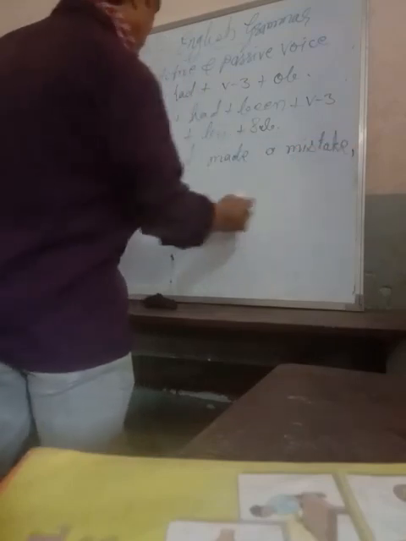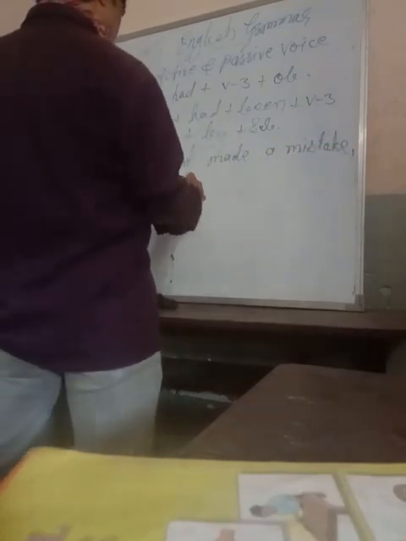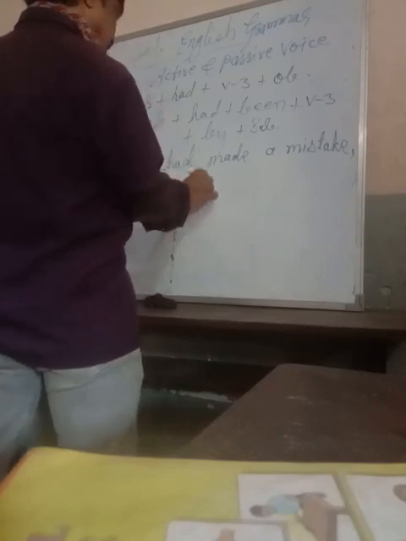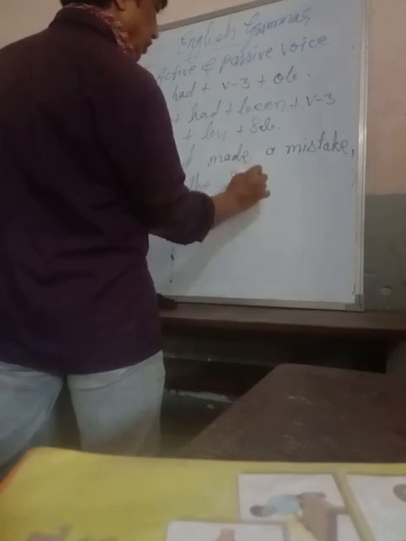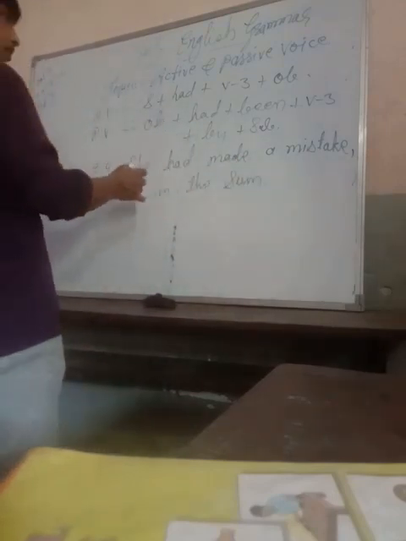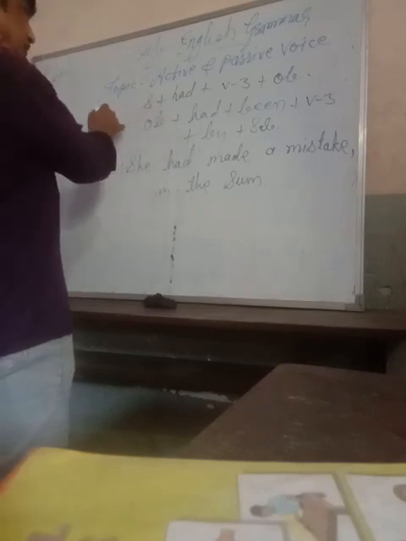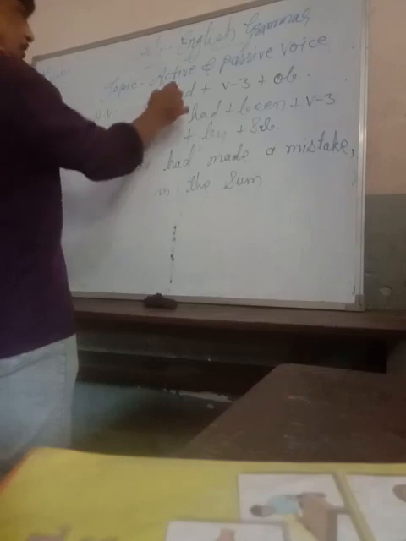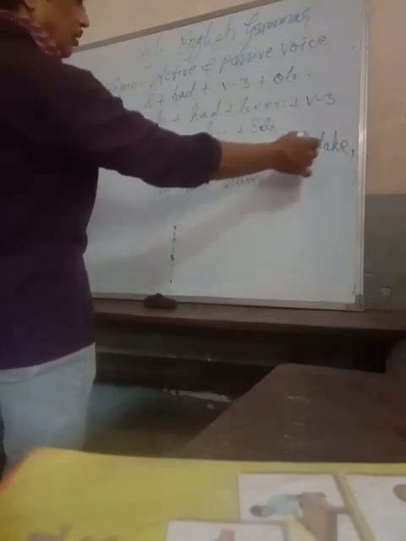She had made a mistake in the sum. Now look, she had made a mistake in the sum. Now this sentence is matching with the first one, AV's formula. Subject she, had as it is, V3 made, object a mistake.